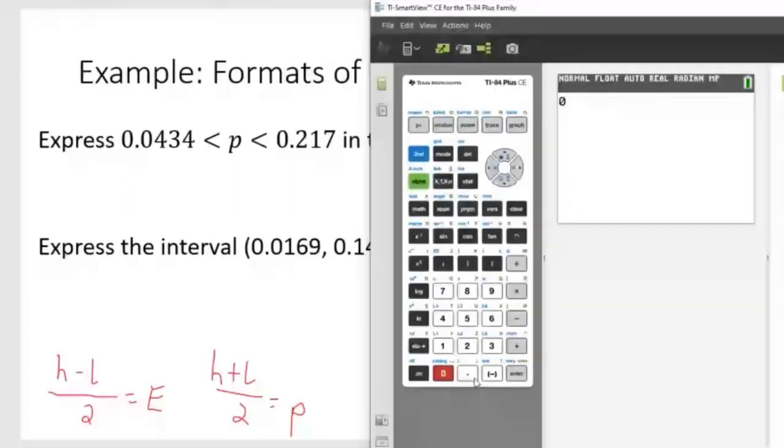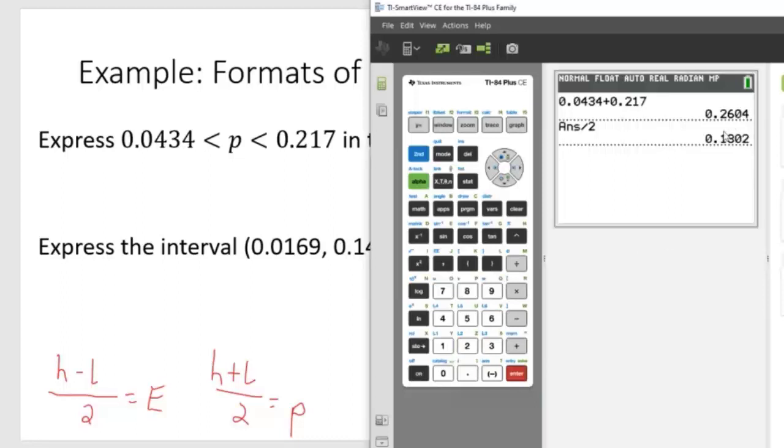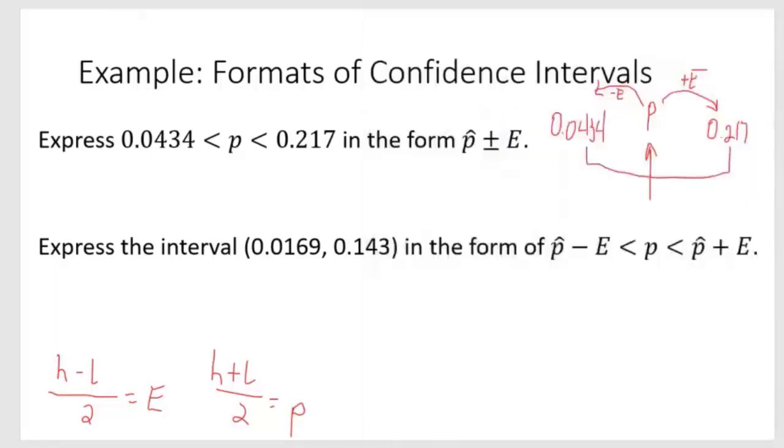So I have 0.0434 plus 0.217. Since I didn't enter it like a fraction this time, I'm going to add them and then divide by 2. All right, so the number in between those 2 endpoints is 0.1302. That is actually the P hat.